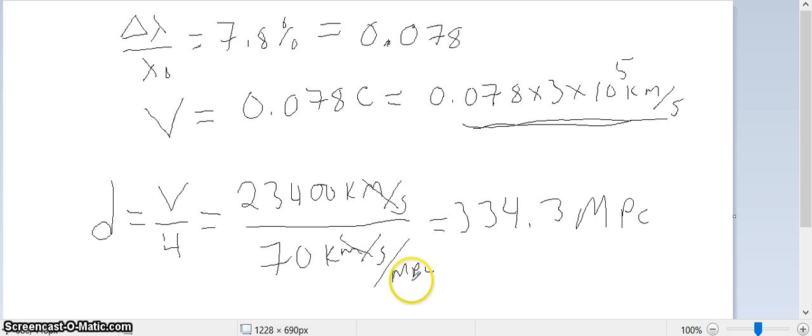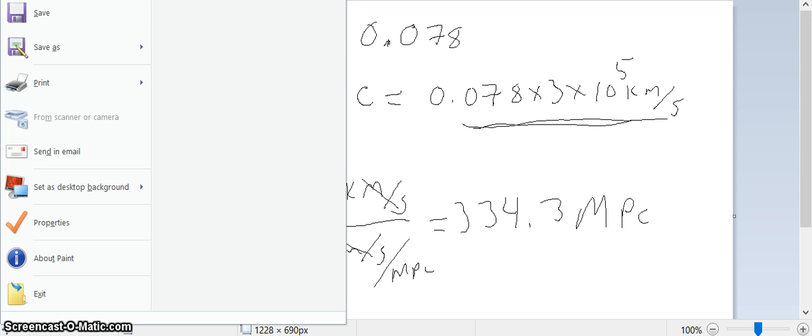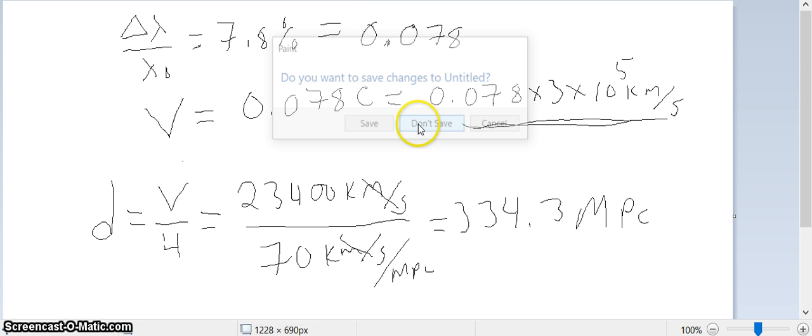All right, I'm going to get a new screen here. So remember our distance was 334.3 megaparsecs.